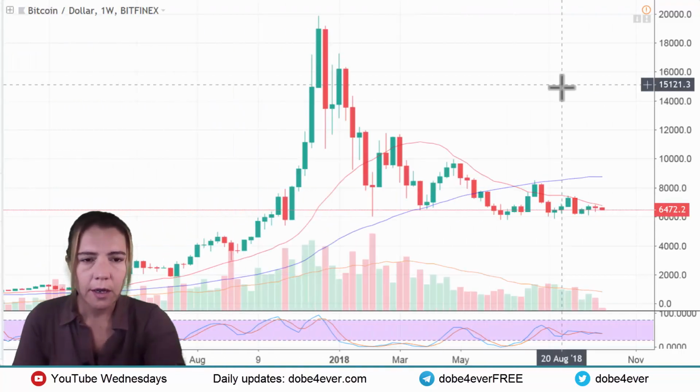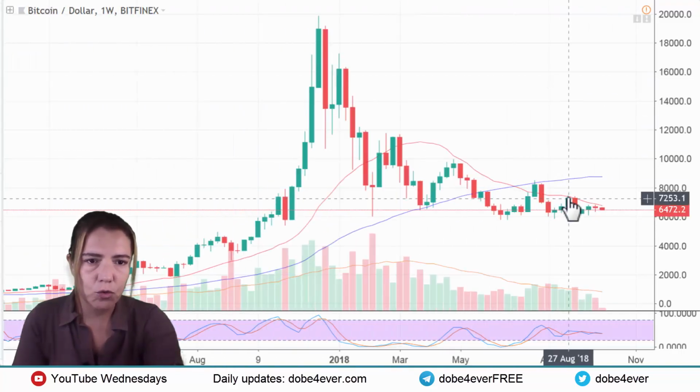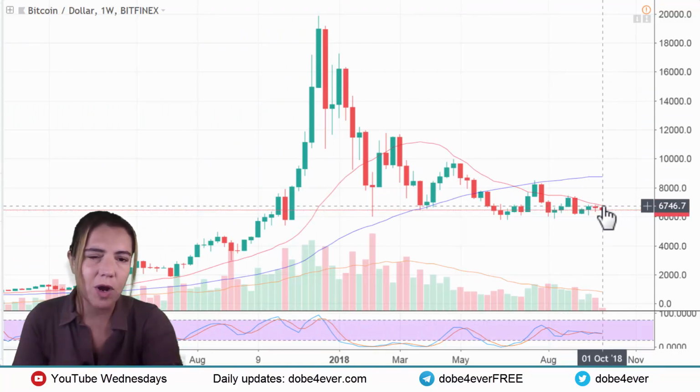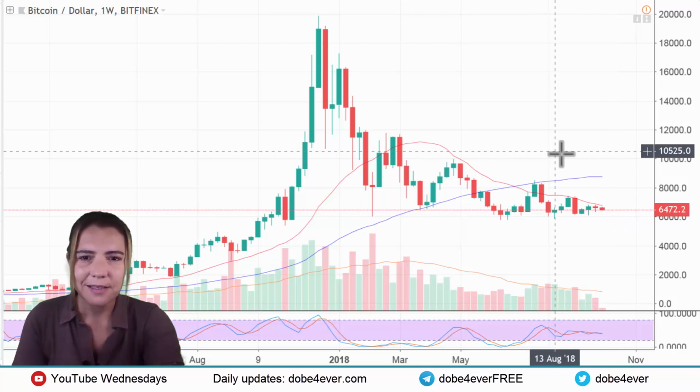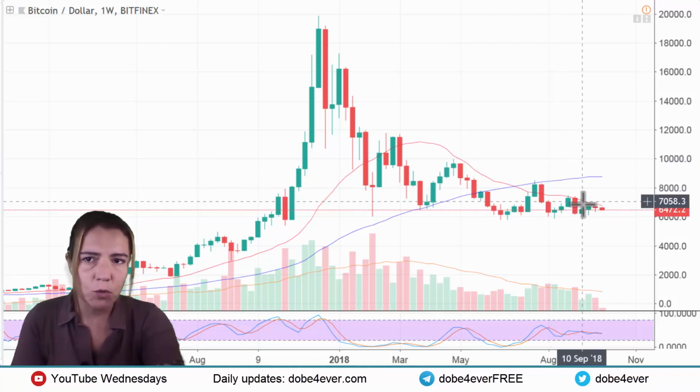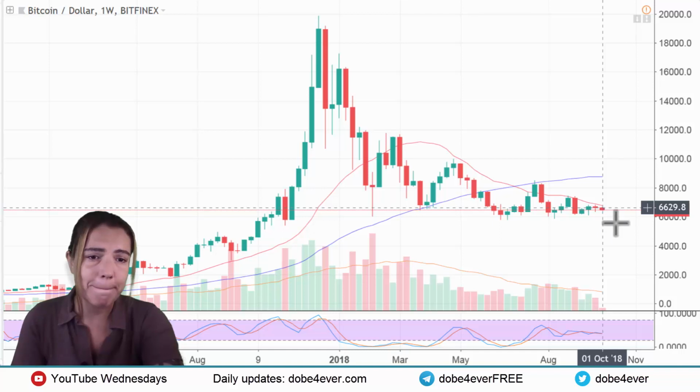Moving on to the weekly, we can see that we are getting rejected once again at the 20-week moving average. So guys, you can see here there's a fight going on between bulls and bears. The bulls are trying for the 20-month moving average to hold and bounce, so they want to bounce it bullish, and bears are fighting on the 20-week moving average to bounce it bearish.